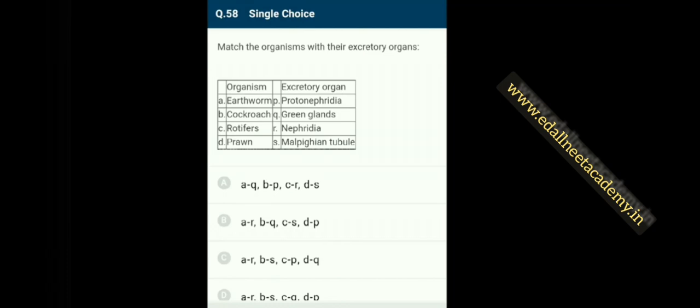Green glands are a pair of excretory organs located near the head region of crustaceans like prawns. Rotifers are microscopic animals which live in aquatic habitats and can be found in freshwater. They have flame cells or protonephridia as excretory organs. So the correctly matching option is option C.